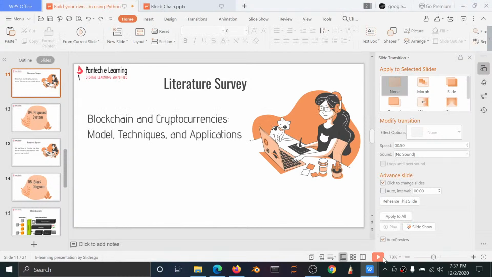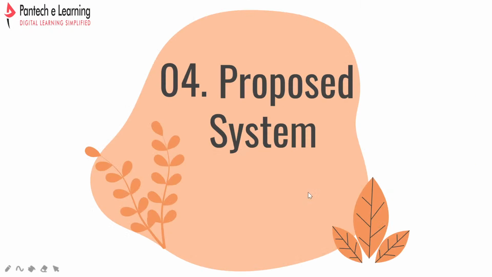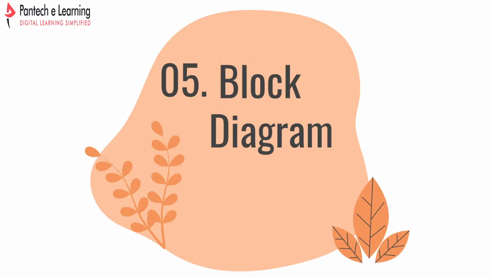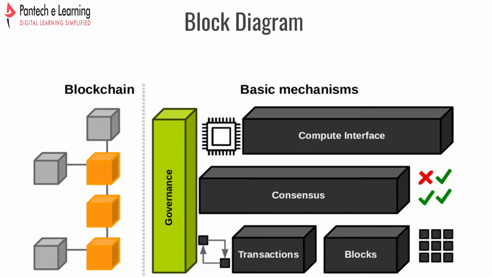So the next one, proposed system. In the proposed system, we are going to transfer our data. This one we already know, the block diagram. First of all, we need to create blocks. In our programming language we are going to give how many blocks we need to create. For example, when I give the number of blocks as 5, for each and every block our program will automatically ask what data we need to add.